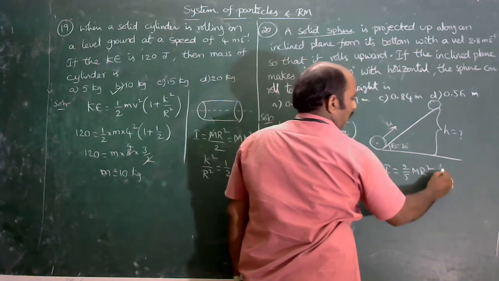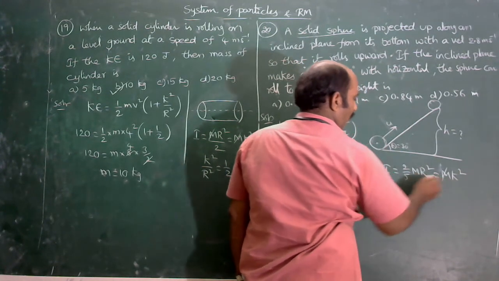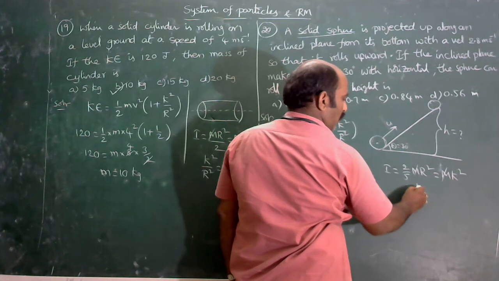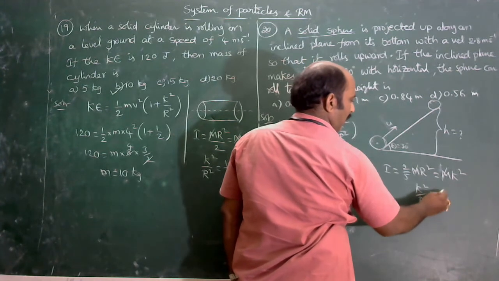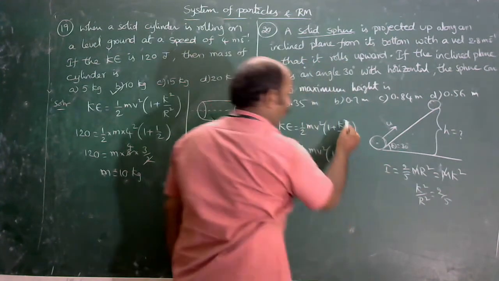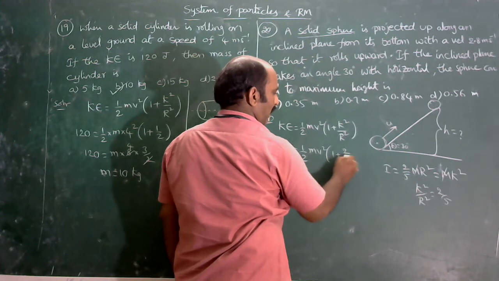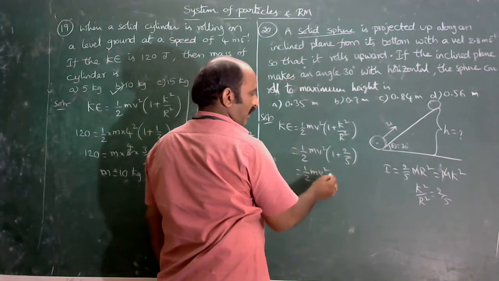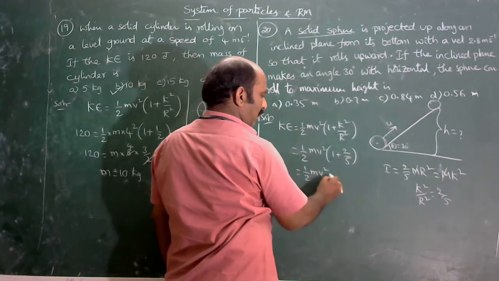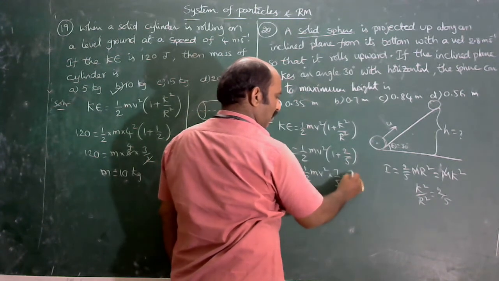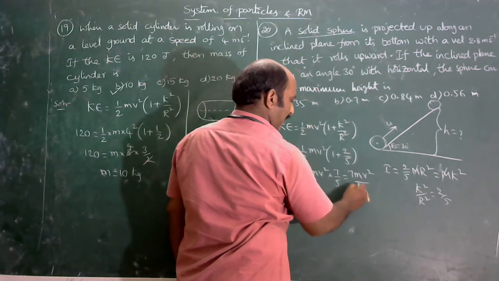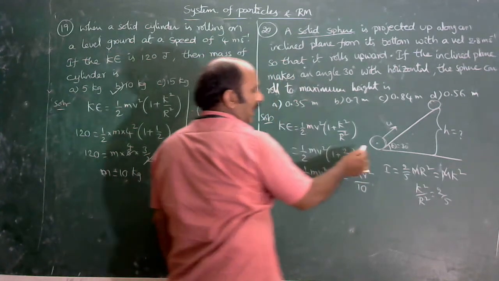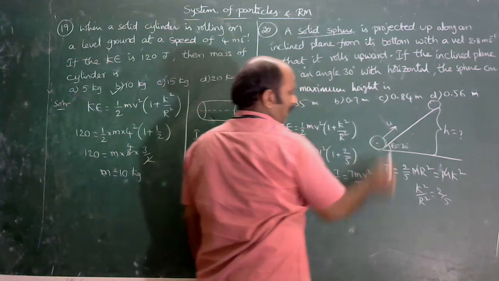Generally I is written as mk square. From this, k square by r square is 2 by 5. Put k square by r square as 2 by 5 here. Now we get half mv square into 7 by 5. This is equal to 7mv square by 10. This is the total kinetic energy when it is projected.